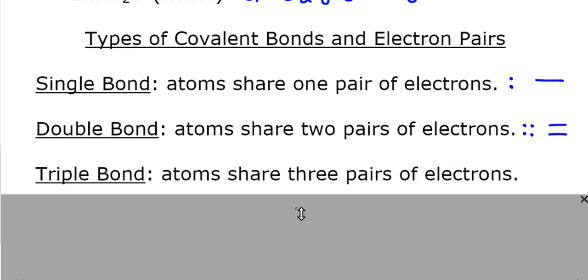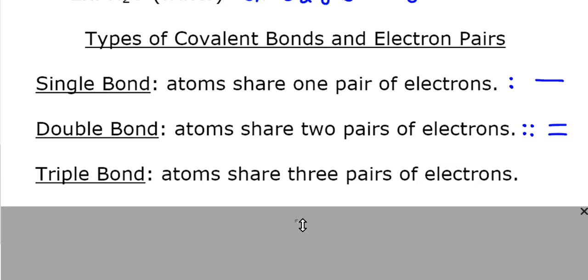The last one is a triple bond. Triple bonds are where atoms share 3 pairs of electrons. 3 pairs, that means you've got 6. So you would have 6 dots, or you would put 3 lines between your elements.